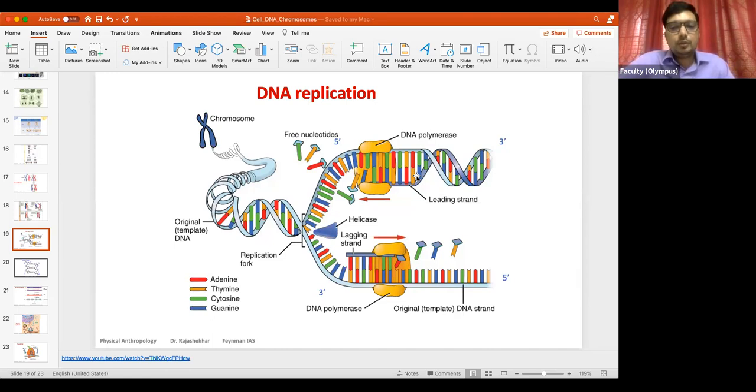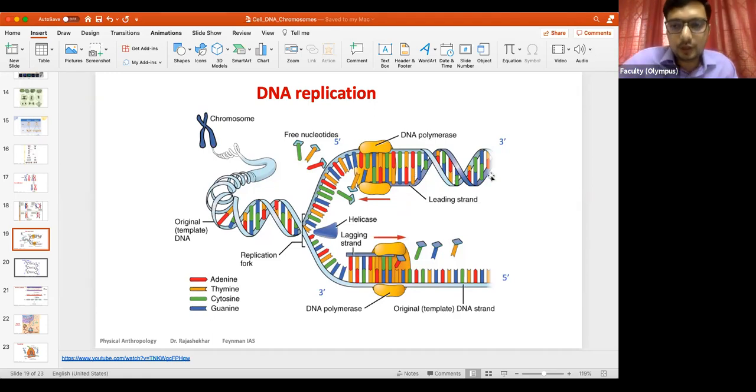Our goal is to just copy the letters in that order. There are only four letters, A, T, G, C, but the order is going to make the sentence. Whether you put ATG together or ACG or GCG together is going to define the meaning of that instruction, correct? So we are trying to copy the exact order of those four letters as it is present on your DNA in the cell, which you have received from your parents, correct?